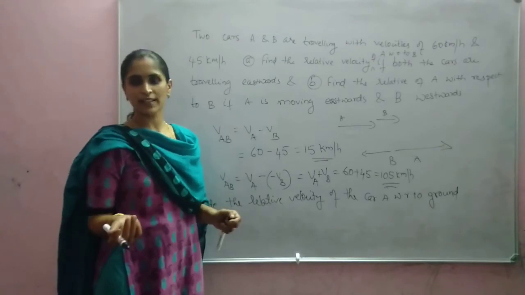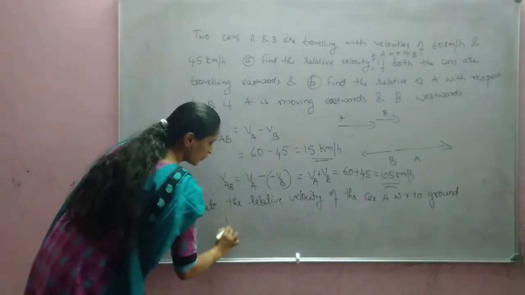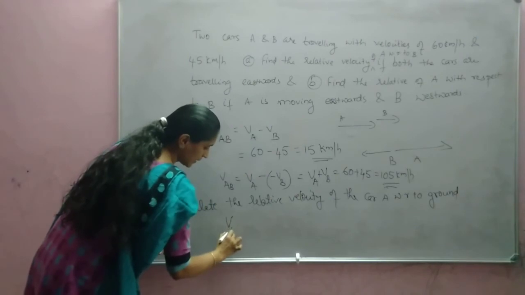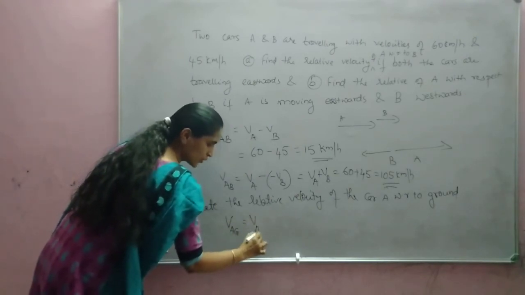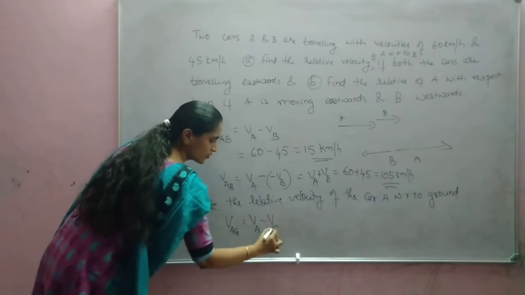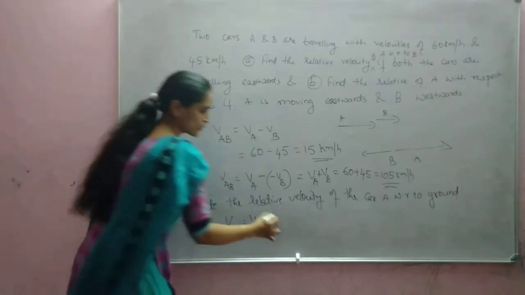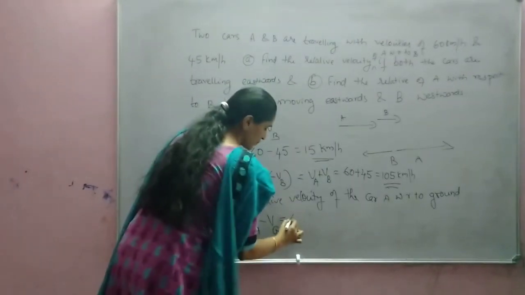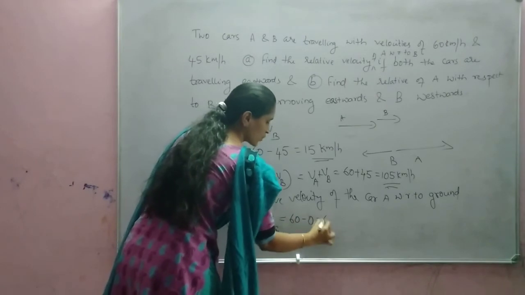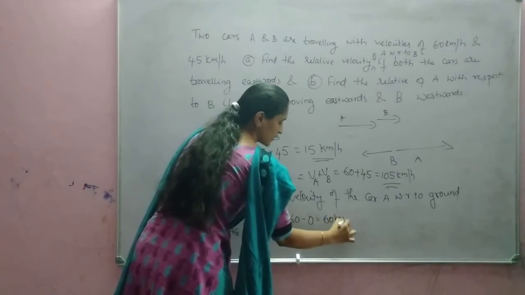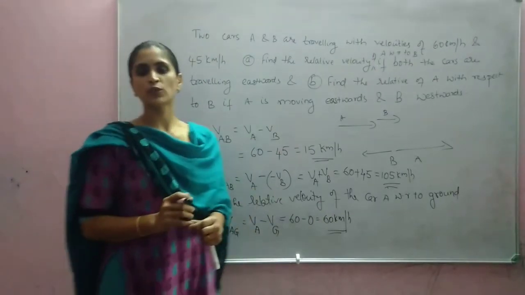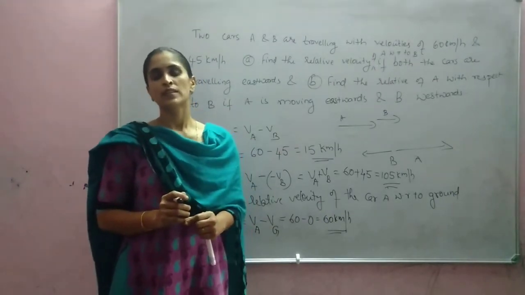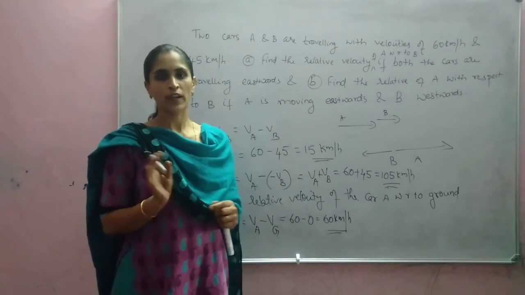Ground is at rest, so velocity of car A with respect to ground can be written as velocity of the object minus velocity of ground. Velocity of the object is 60. So 60 minus 0 is equal to 60 kilometer per hour. Velocity of the car with respect to ground, we can write as 60 kilometer per hour. Okay, is it clear?